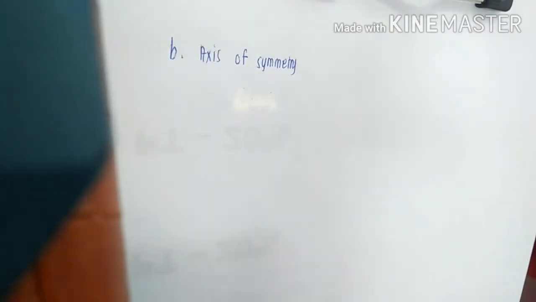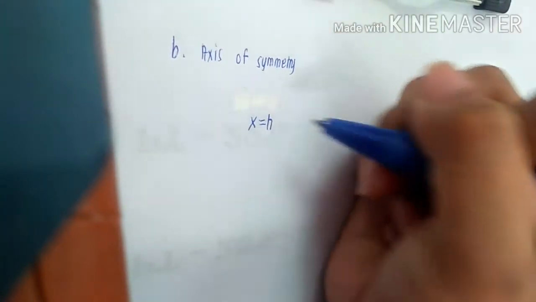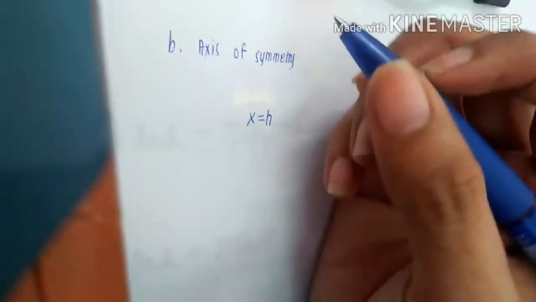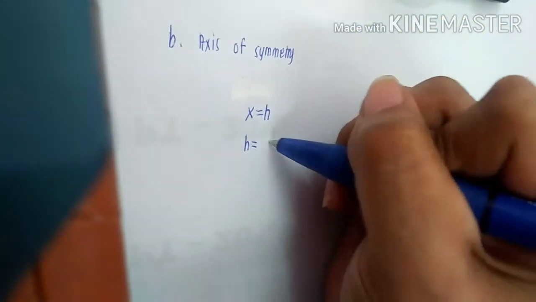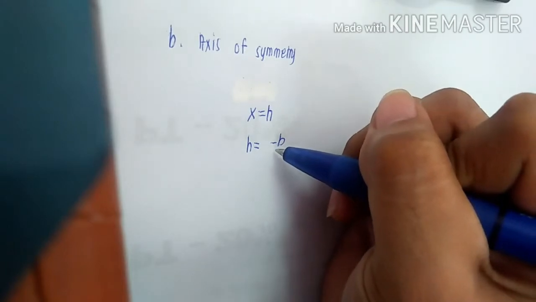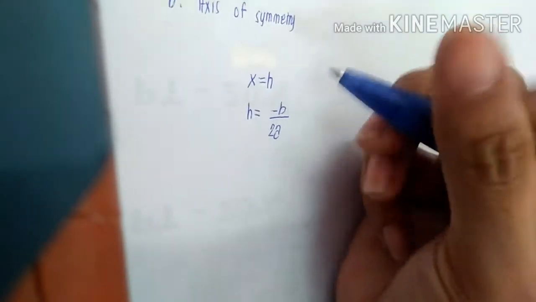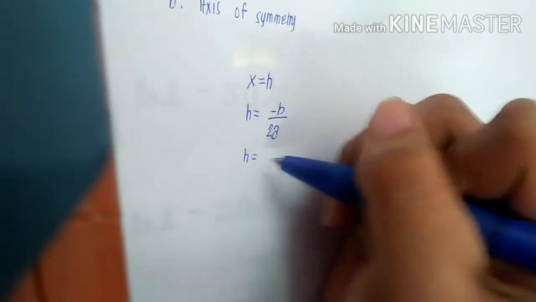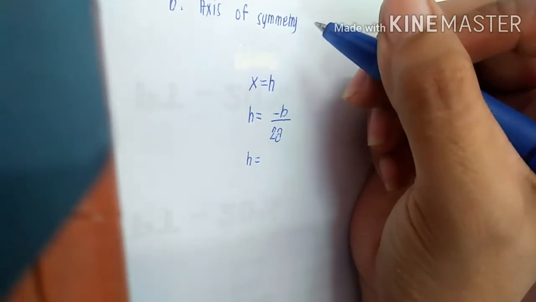Again, in getting the axis of symmetry, all you need to do is x is just equal to H. And then go back, what is the formula for H? H is equal to negative B over 2A. What is our B again?